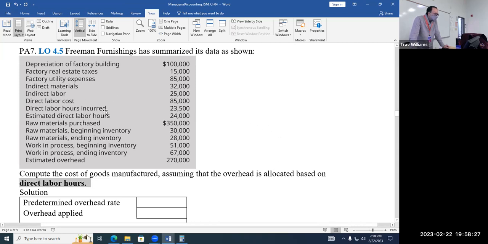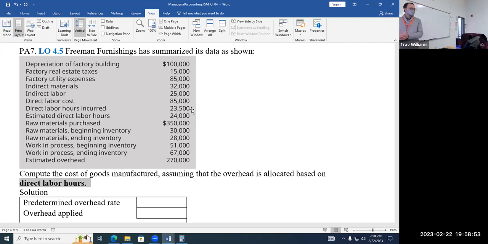Okay, so the 23,500 is the direct labor hours incurred. So those are actual direct labor hours. What was our formula to come up with our overhead allocation rate? Estimated overhead divided by our estimated activity, right? Because you're setting this rate before the year has started.